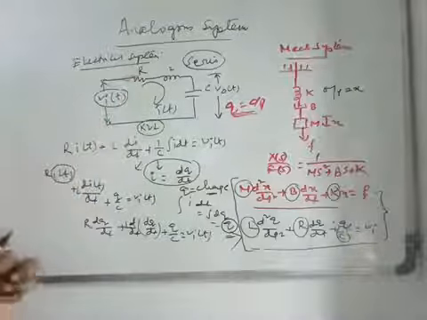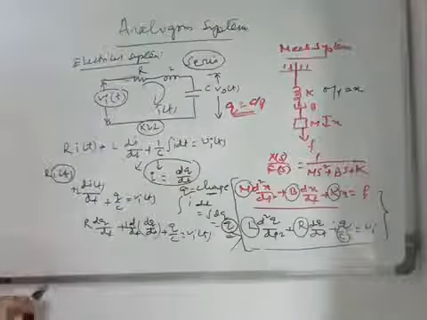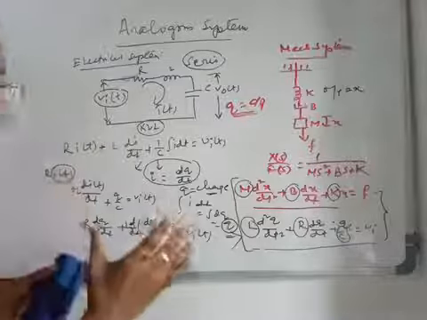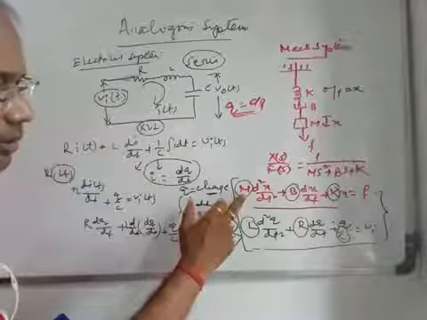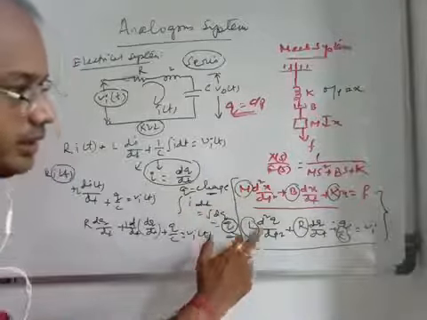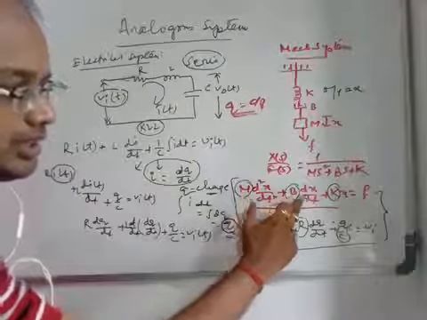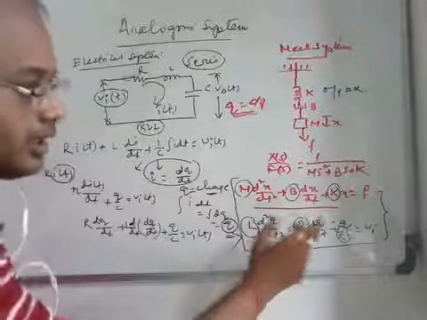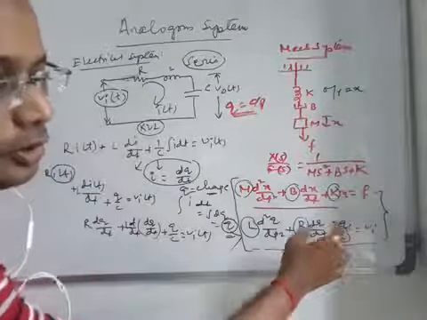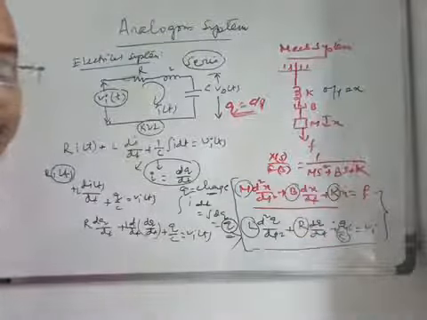So in the force-voltage analogy, the mass of the body in the mechanical system corresponds to the inductor, the damping coefficient corresponds to the resistance, and the spring constant corresponds to 1 upon capacitance in the electrical circuit.